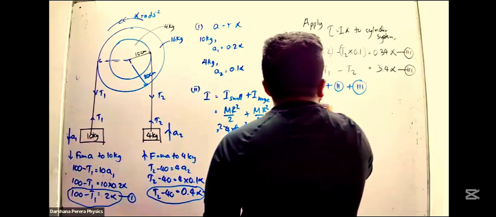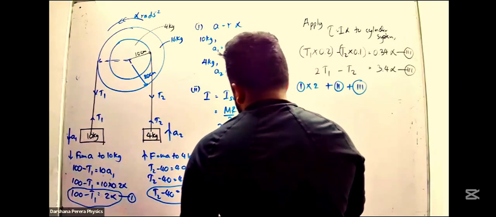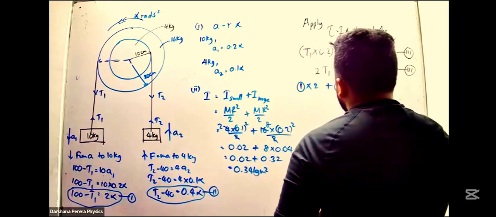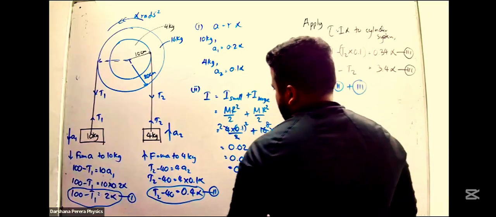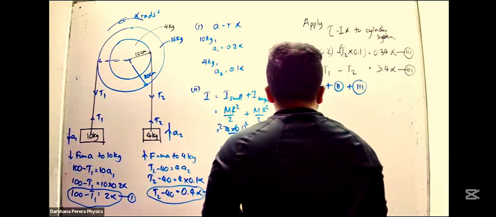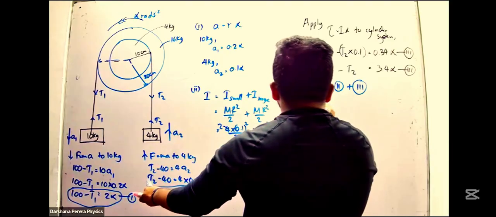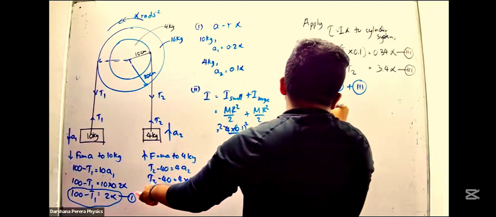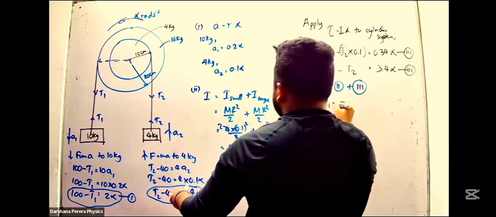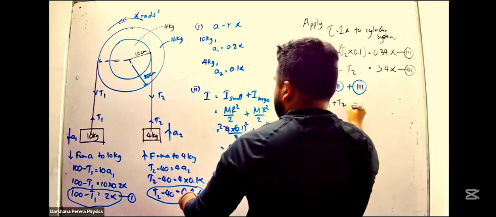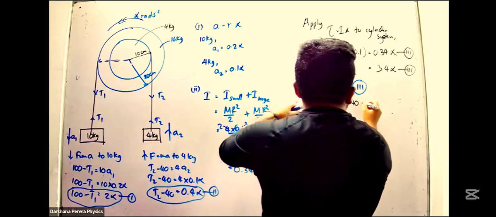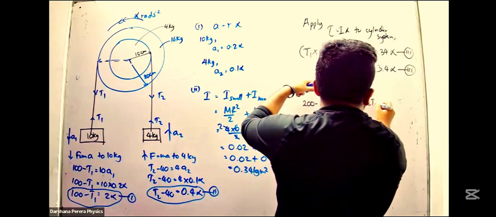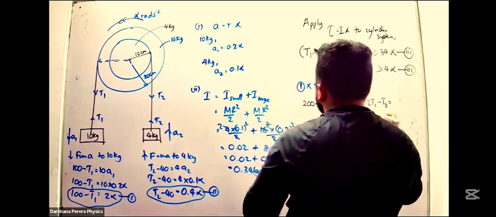In this case, we can get it in one line. Therefore, 200 minus 2T1 plus 2T2 minus 40 plus 2T1 minus T2.